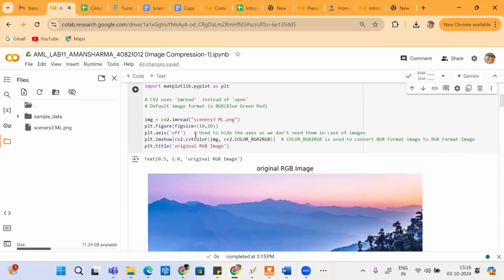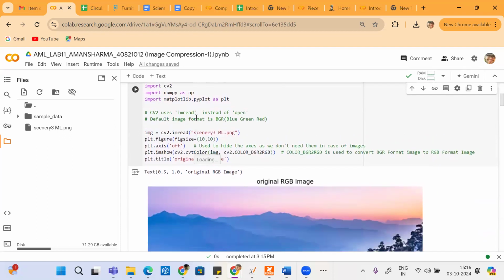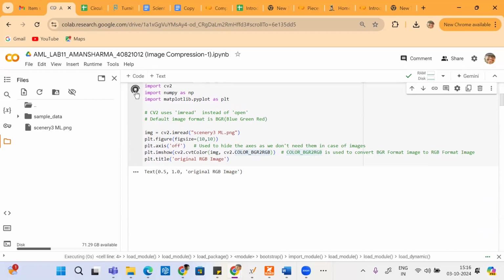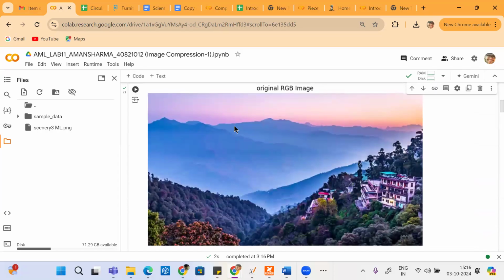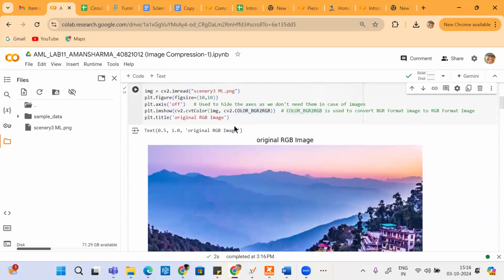I define the figure size, and I'm converting this image from BGR to RGB, as it takes BGR by default. Let's run this code. So this is the original RGB image.